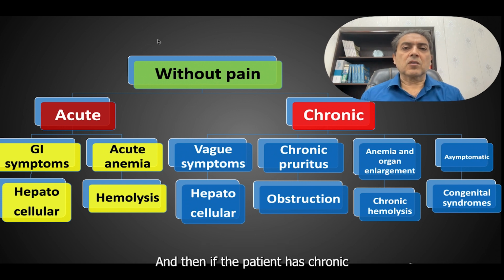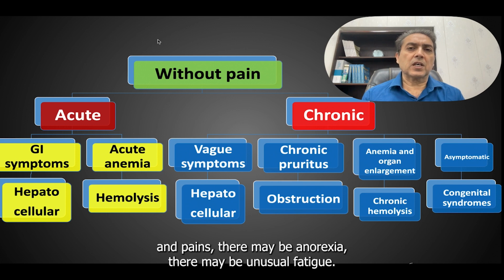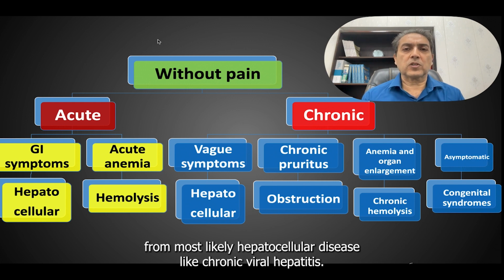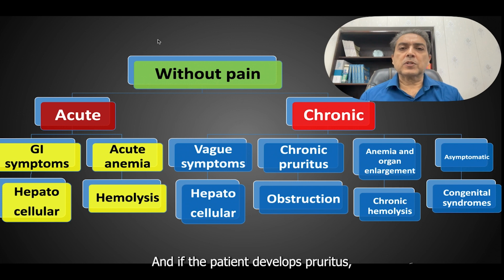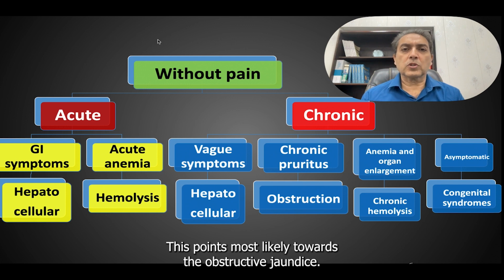And then if the patient has chronic jaundice and has vague symptoms like fever, body aches and pains, there may be anorexia, there may be unusual fatigue, the patient is most likely suffering from hepatocellular disease like chronic viral hepatitis. And if the patient develops pruritus with jaundice and without any skin rash, this points most likely towards obstructive jaundice.